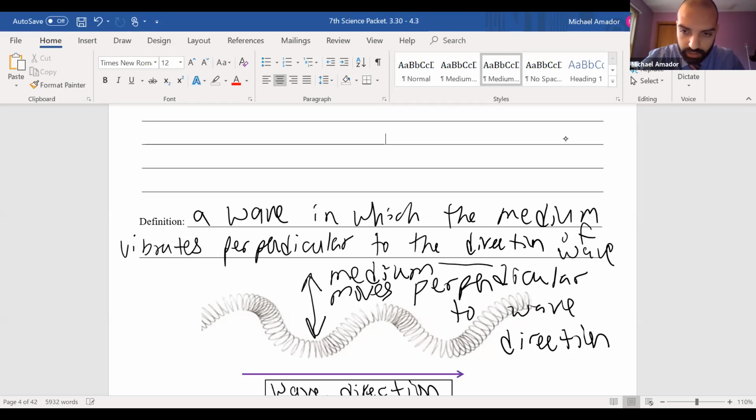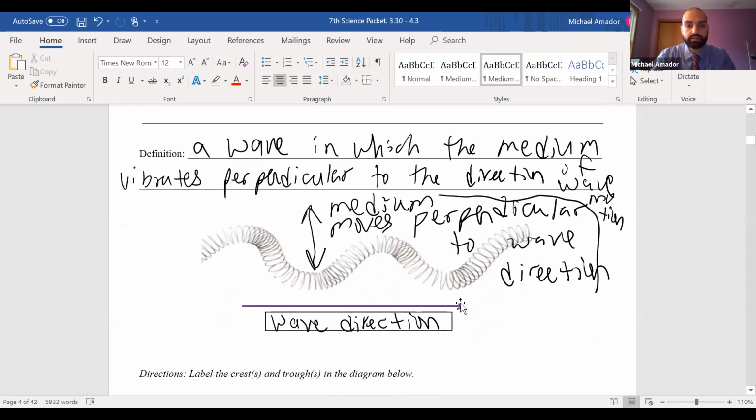I'm running out of space here. I don't want you to get confused. Okay, you can rephrase that in whatever way makes sense to you. But basically the idea is that if the medium is moving perpendicular to the direction that the wave is traveling, then it's a transverse wave.